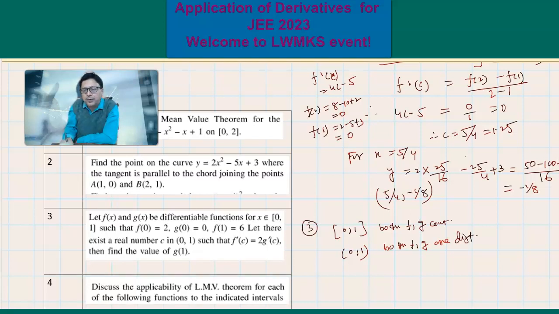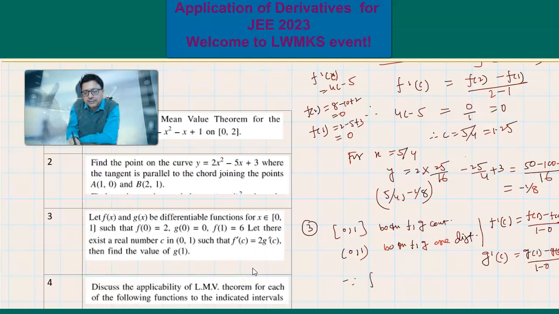So there exists a point for the function fx such that f dash c will be f1 minus f0 by 1 minus 0, and g dash c will be g1 minus g0 by 1 minus 0. Now let us apply the condition here.